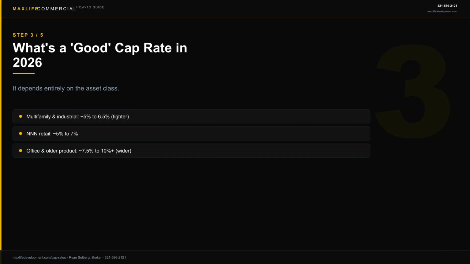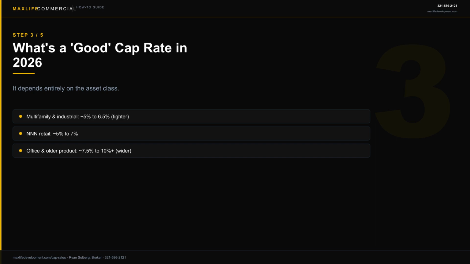Triple net retail with strong tenants runs about 5 to 7%. Then it widens. Strip centers push into the high 6s and 7s. And office, especially older value add product, can run 7.5 to well over 10%. A lower cap is not better, and a higher cap is not better. Each one is the market pricing the risk of that specific asset.